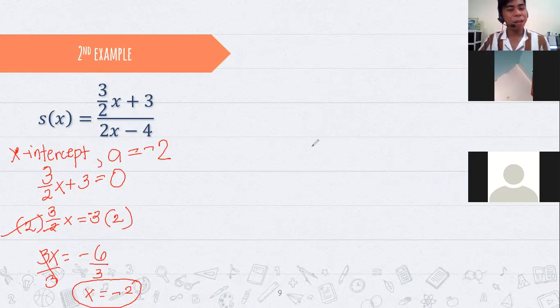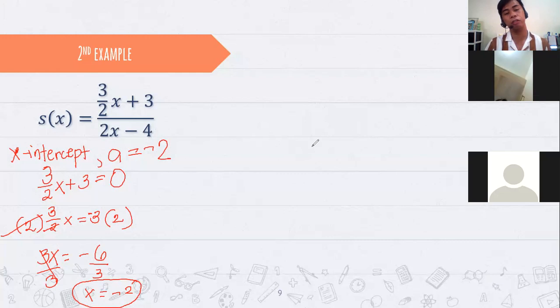Kapag meron tayong x-intercept, it is the point wherein our graph touches the axis. Pag x-intercept, yun yung point na kung saan tatawid si graph or didikit si graph. So, kapag meron tayong x-intercept na negative 2, ang graph natin ay tatagos sa x is equal to negative 2.